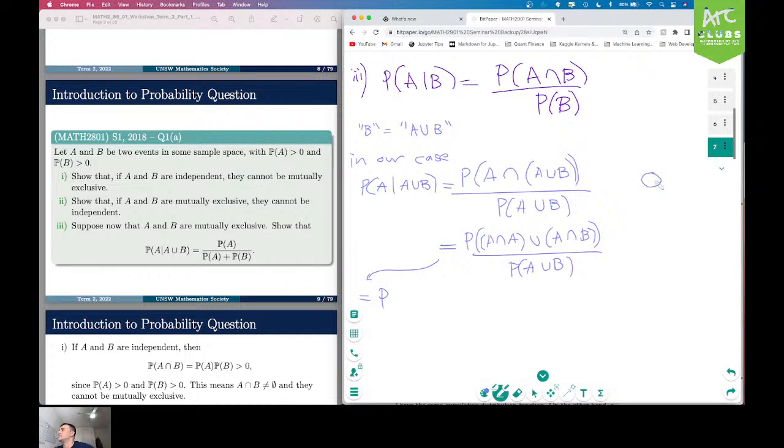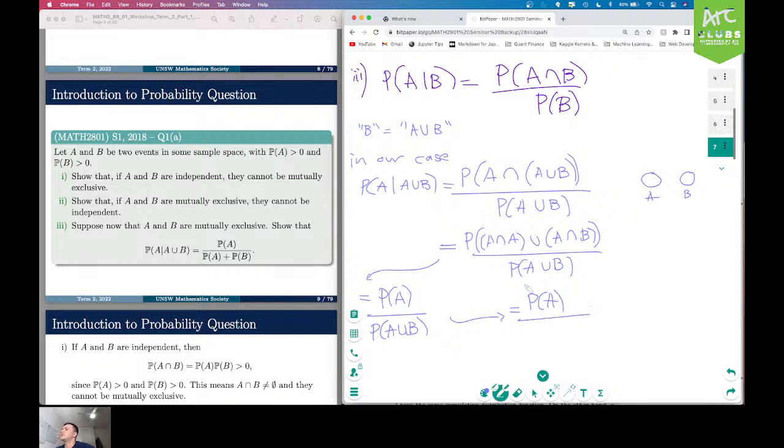Right? They're mutually exclusive, so that's going to be the empty set. So this is actually just going to be the probability of A on the top. So A union empty, which is just A, over the probability of A union B. And this is equal to the probability of A.